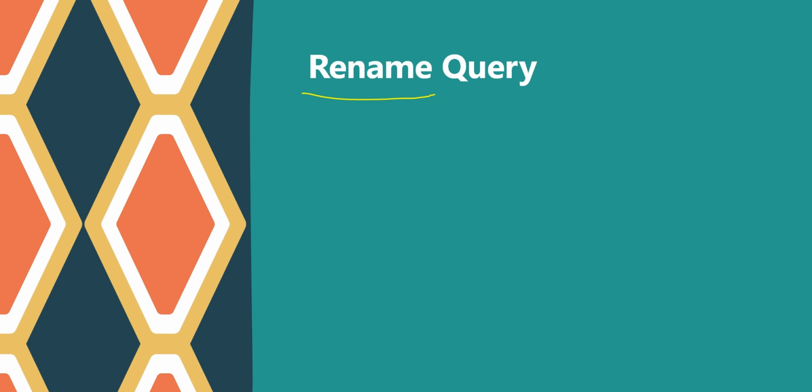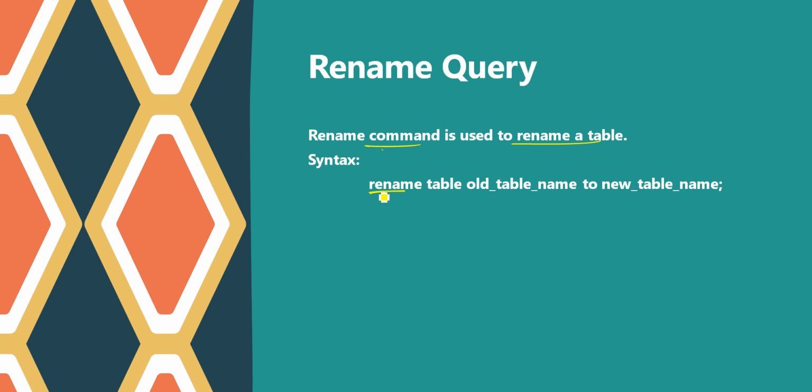Now the rename query. As the name suggests, it is going to rename a table. So how can we rename a table? The rename keyword needs to be used, then the old table name, then this to, and this new table name. But this query is actually very complicated, or you can say some tools recognize this and some do not.